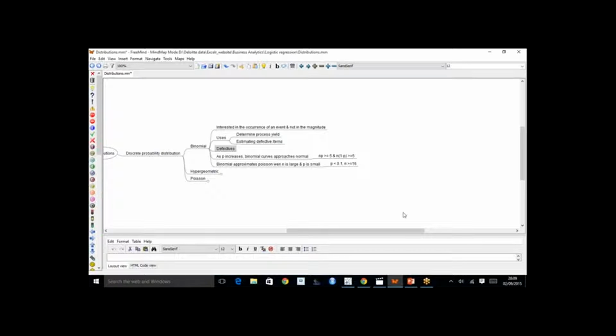Okay, Ramanan says defects means how many? That means count. How many defects do we have? I can have 10 defects, 20, 30 defects, and so on. Defective means category. Is it defective? Yes or no, right? A product can have many defects, but still I can use the product.